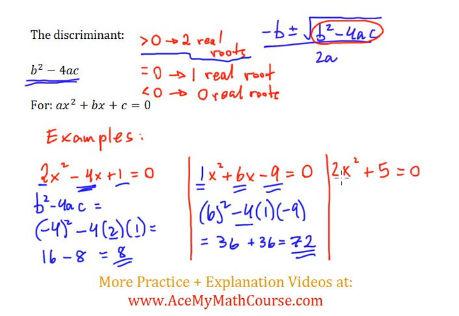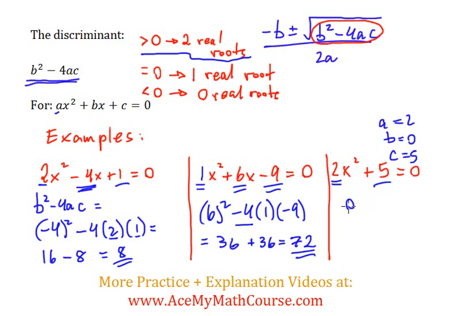And then finally we have 2x squared plus 5 equals 0. In this case, it looks like we don't have a b, because we don't have just an x, right? We just have the a. We don't have the bx term, but we have a c. So a is 2, b is 0, and c is 5.